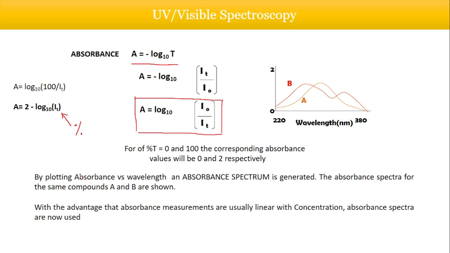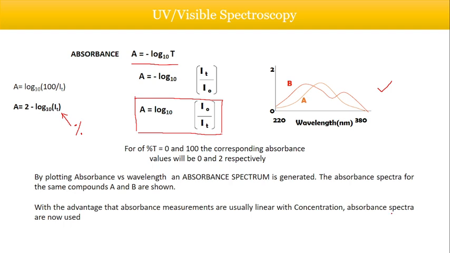Now, by plotting absorbance versus wavelength, an absorbance spectrum can be generated like this, and the absorption spectra for any random compounds A and B are shown. With the advantage that absorbance measurements are usually linear with concentration, absorption spectra are now used.